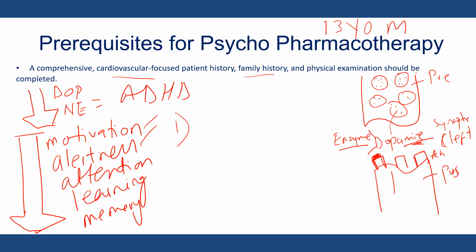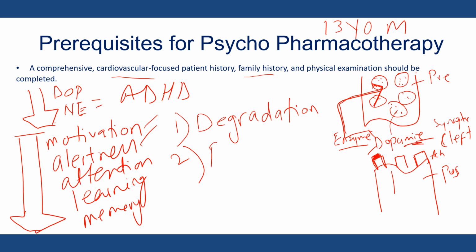So anyways, we call that activity a degradation of the neurotransmitters. Second thing that can happen to these neurotransmitters is they will actually go back to the presynaptic cell, neuron cell, so that we can reuse that later on. That's a good thing. We don't want to waste these. We call that a reuptake.